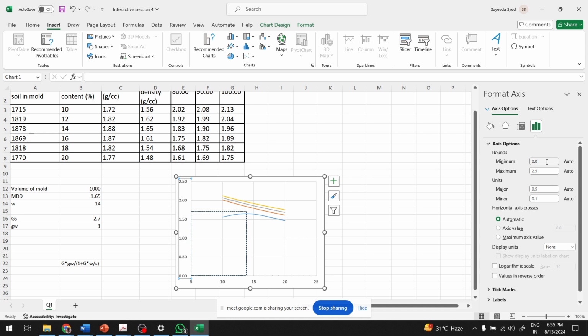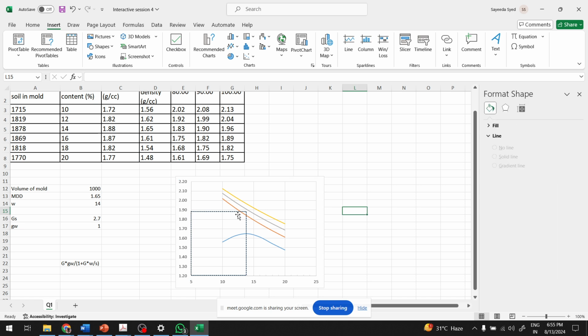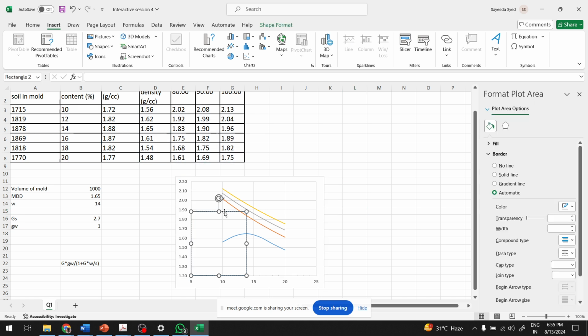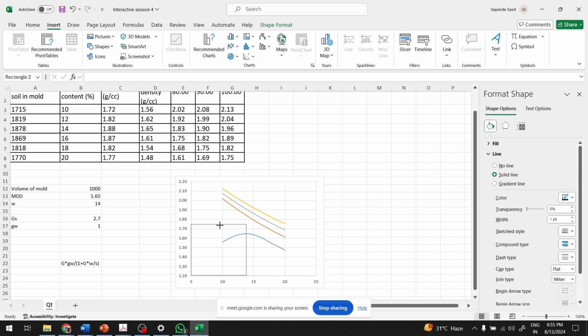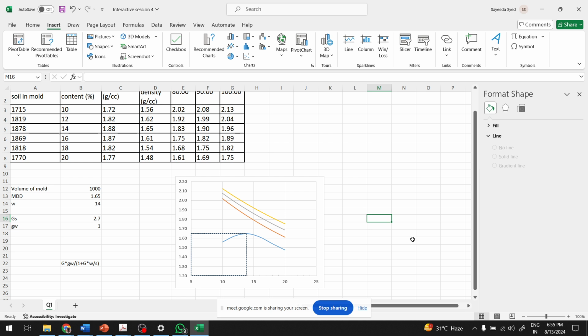Let us actually start at 1. Or 1.2. So this was our OMC and MDD.